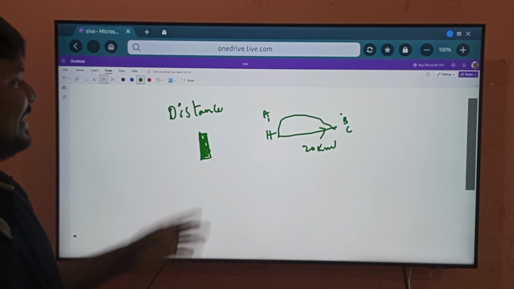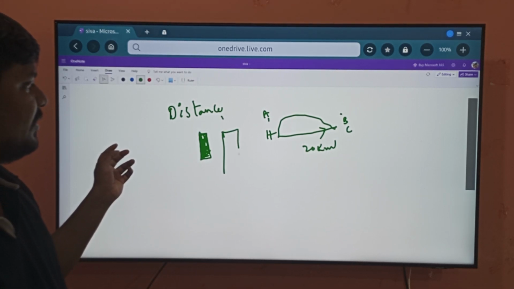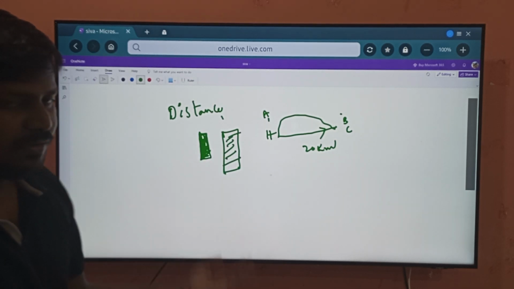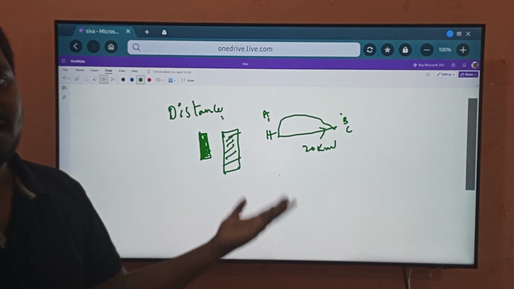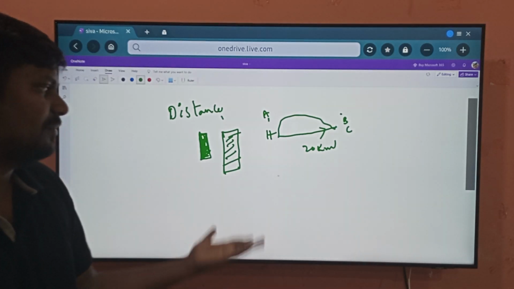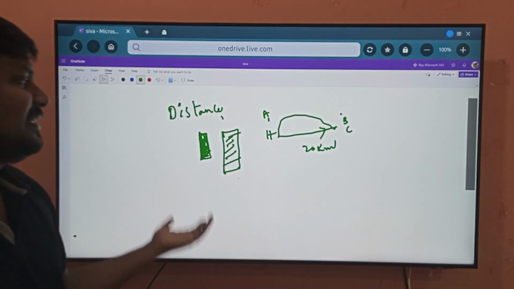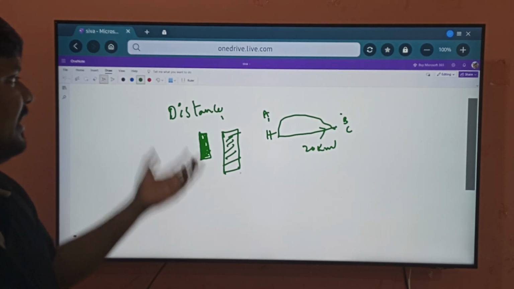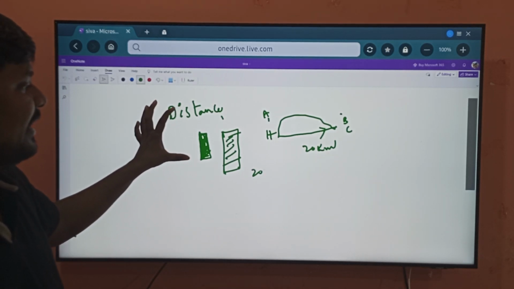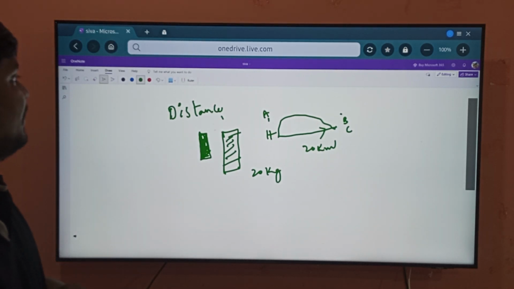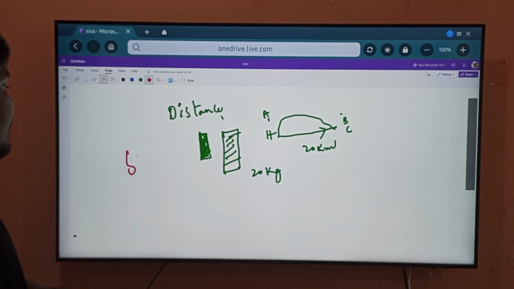The duster you can also take, maybe 20 or 30 grams, or 50 or 60 grams if it is a heavy duster. Or this is 20 kg, 30 kg. These are the examples for scalar physical quantity.